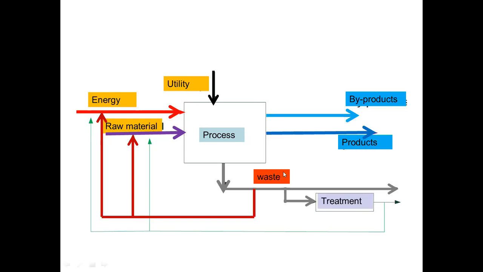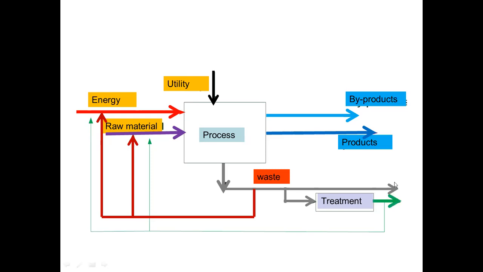Then if the waste is toxic, it cannot be discharged into the environment. So if the waste is toxic, the waste has to be treated and neutralized. It has to be detoxified. The toxicity has to be reduced. After that, it can be discharged into the environment.